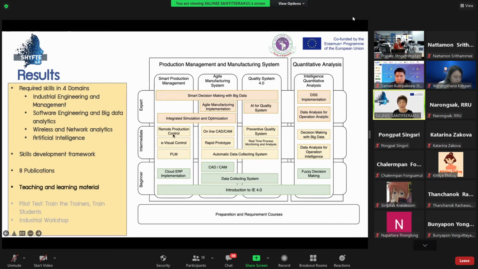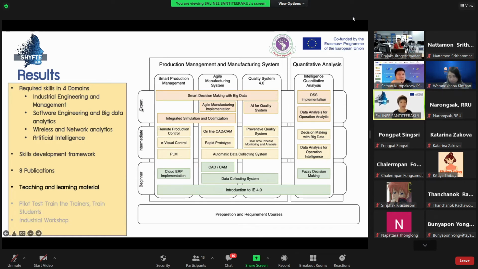The yellow one is the module for the intermediate level, and the orange one is the module for the expert level. So from this framework, the trainee or the student can decide that, okay, if I want to be an expert in agile manufacturing system, what modules should I take to develop the required skill to be at expert level in this skill set.